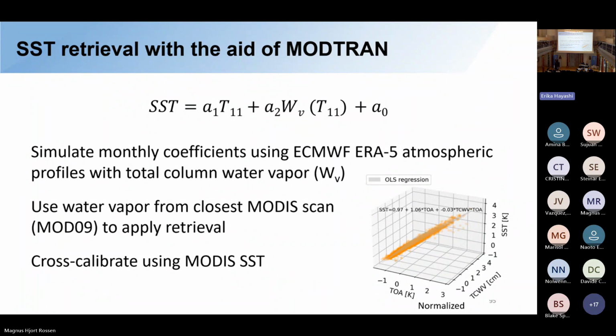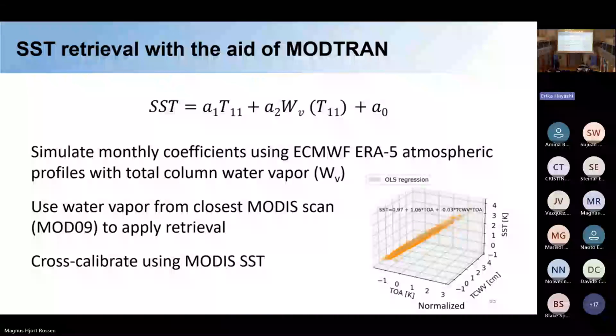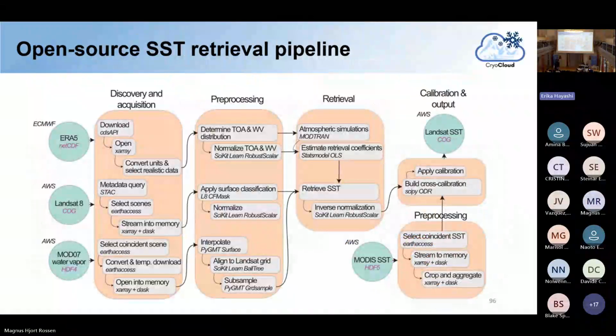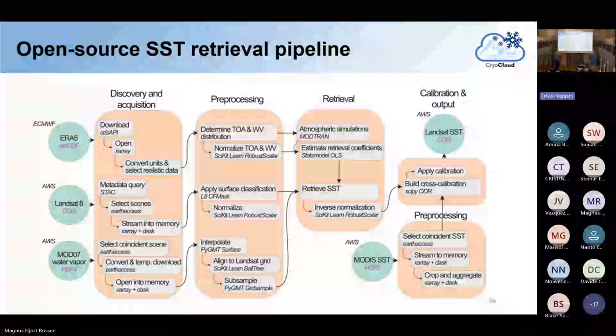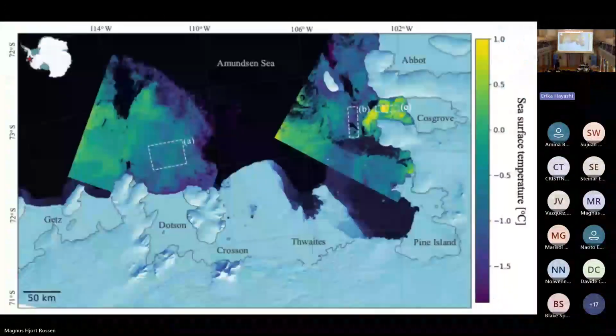And then for the actual application on Landsat, we use near coincident MODIS water vapor values as input. And then we cross-calibrated using MODIS sea surface temperatures. And this is what the algorithm looks like. I'm not going to get into the specifics here, but if you want to look at this later, we can do that. If you want to pull me aside.